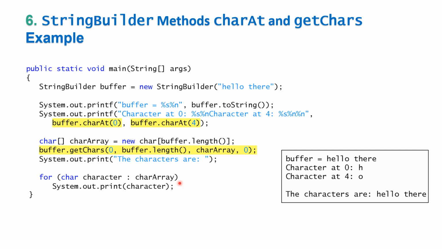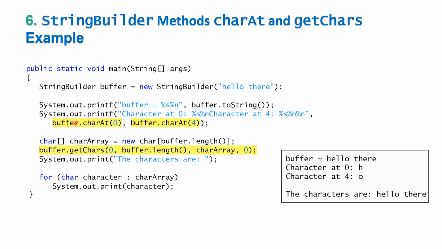This program shows an example of using the StringBuilder methods charAt and getChars. It first creates a StringBuilder object named buffer from the string literal "hello there", all in lowercase letters. Then it displays the string content of buffer by calling buffer.toString and passing it to the printf statement. Here is the output.